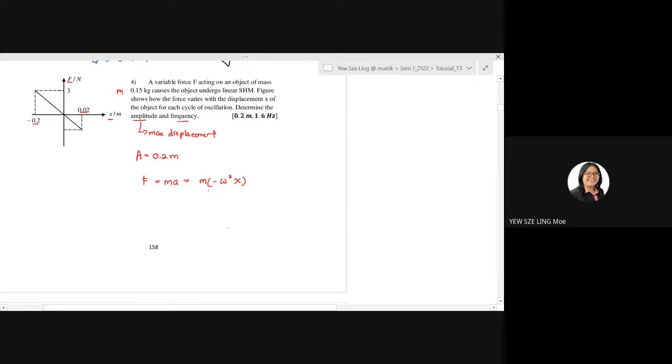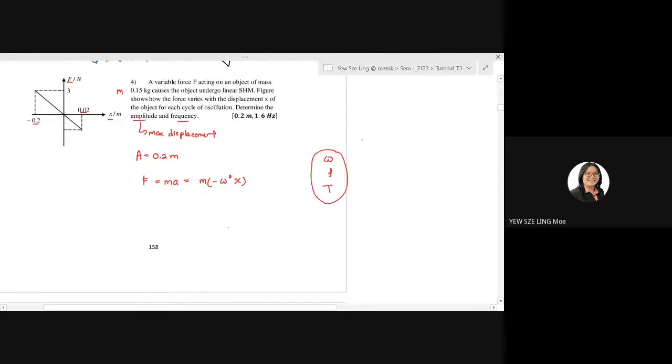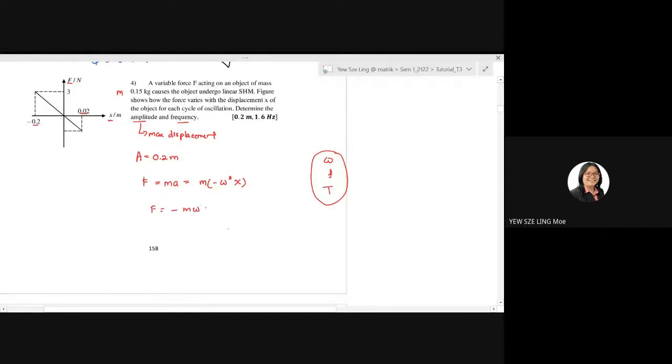When you have omega, we can find f, because omega, f, and T are one family. So F is equal to negative m omega squared x.